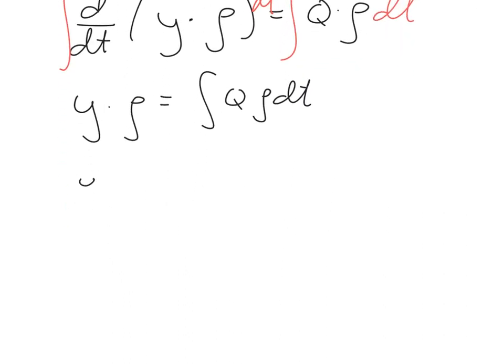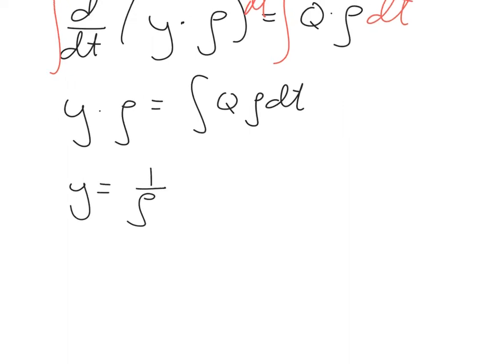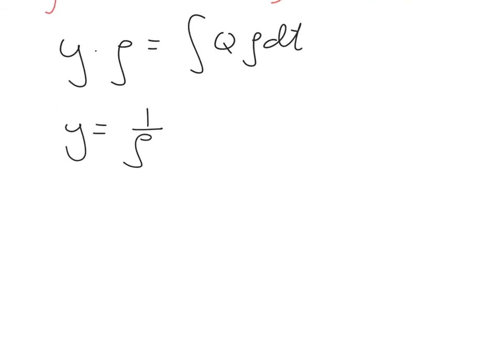One last step, and I have my solution. I have y equals 1 over rho times the integral of q times rho dt. And note well that this is an indefinite integral, and so there will be a plus c that comes out inside here somewhere.